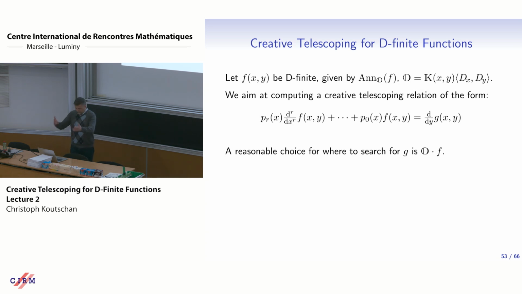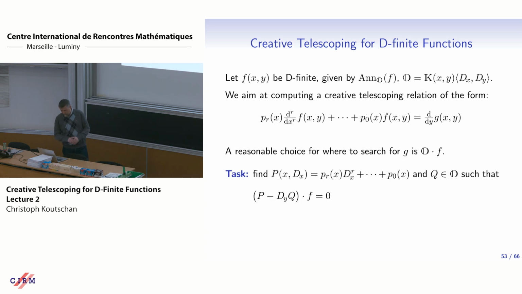And again, g is looked for in the finite dimensional vector space that is generated by the derivatives, by the partial derivatives of f. So we want to find an operator of this form, P for the telescoper, Q giving us the certificate, so that it's an antiderivative of the left-hand side.